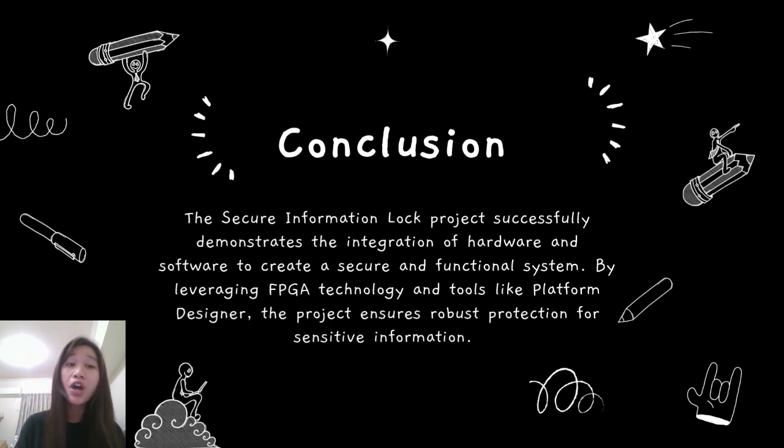So, this project not only serves as a learning experience but also paves the way for real-world applications in data security and embedded system design. Future enhancements could include adding encryption mechanisms, biometric authentication, or remote access capabilities to further strengthen the security measures.